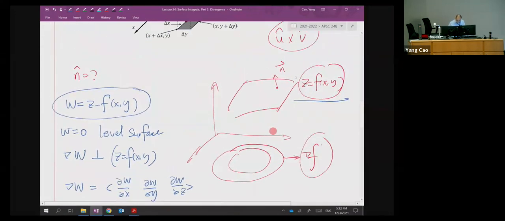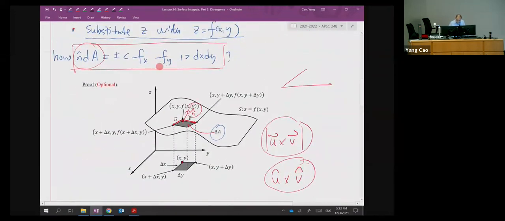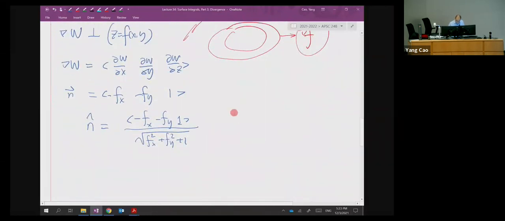And also remember what n hat dA is. We have n hat dA. Let's rewrite it over here, and let's just write a dA here.